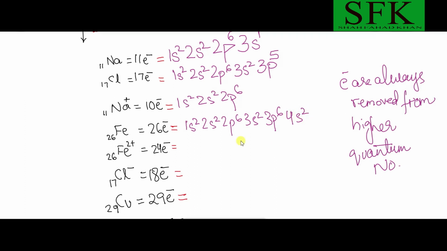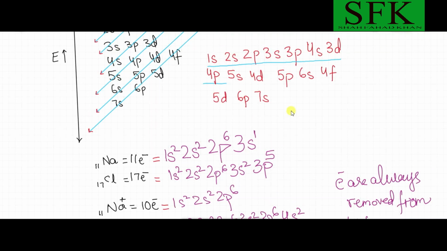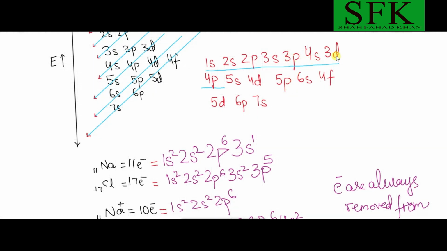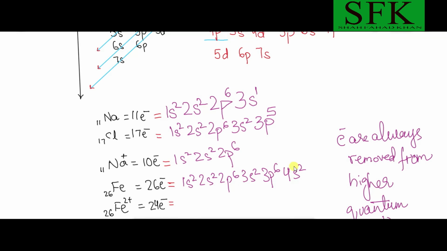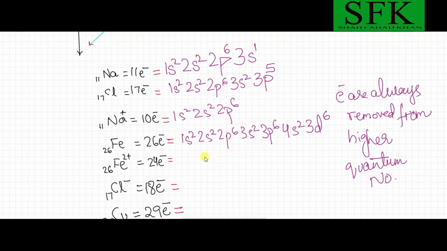According to the Aufbau principle, after 3p comes 4s, and then 3d finally. So 4s2, which makes 20, and then 3d6. This gives a total of 26 electrons.